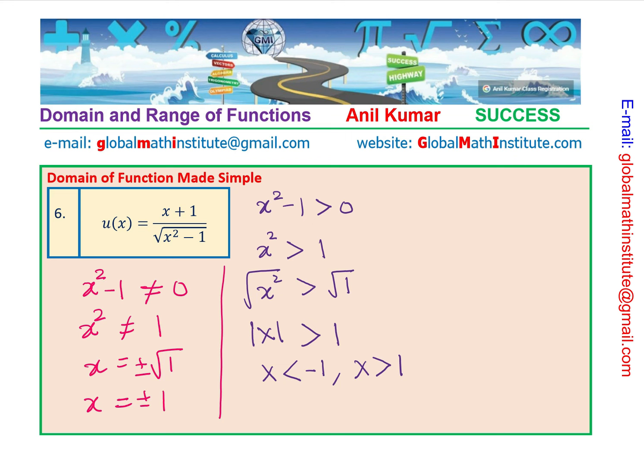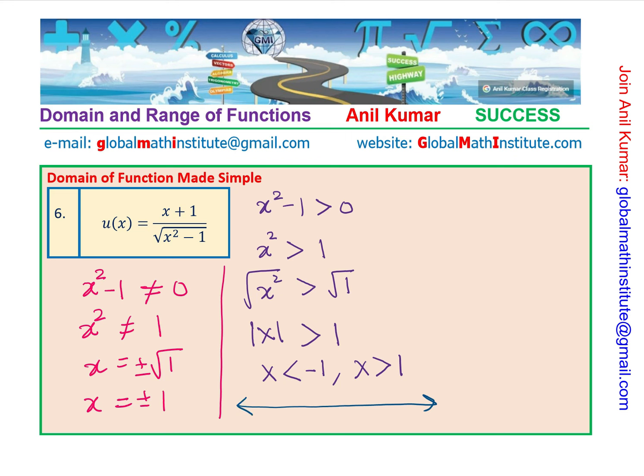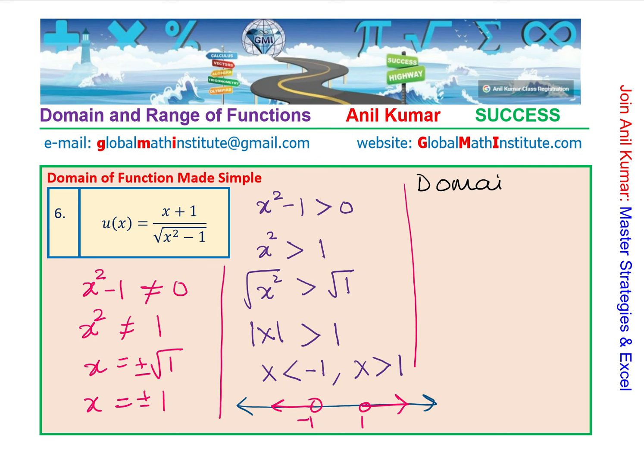Correct? So on a number line, we could actually show this solution as left side of minus 1 and right side of 1. You get the idea? So that's one way of showing it. The other way is you could write the domain as we had been writing, correct?